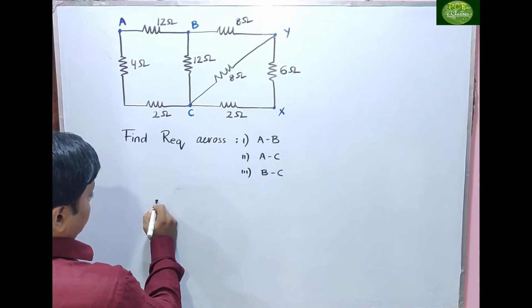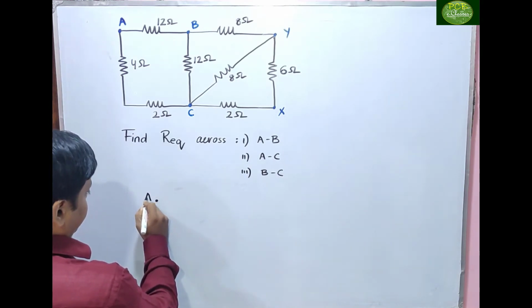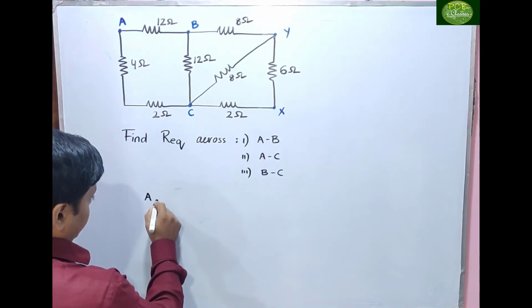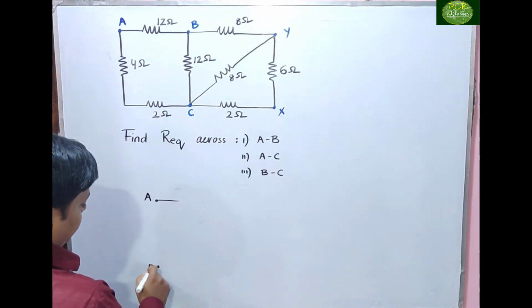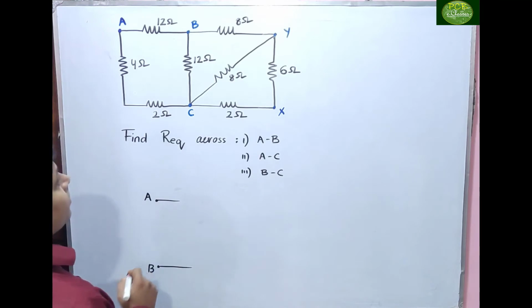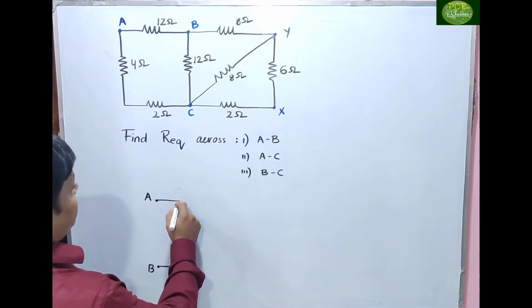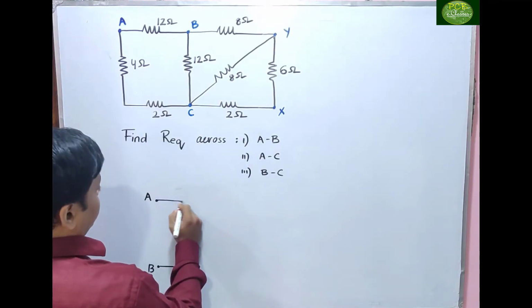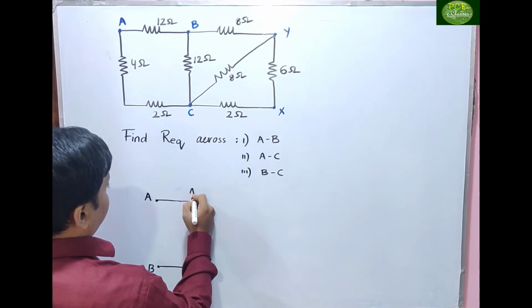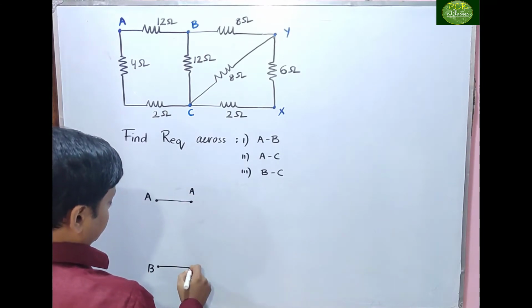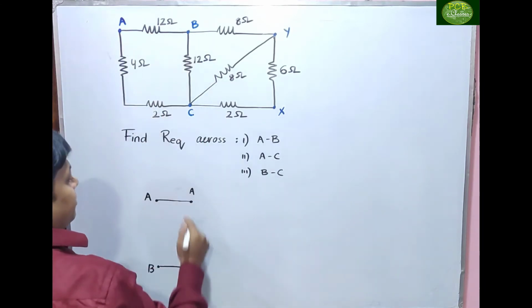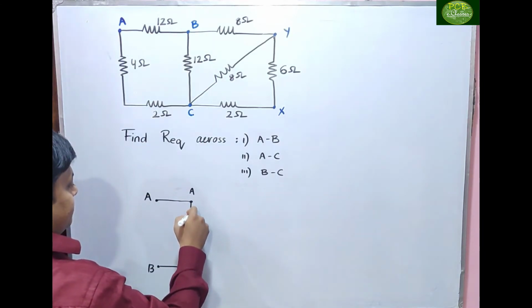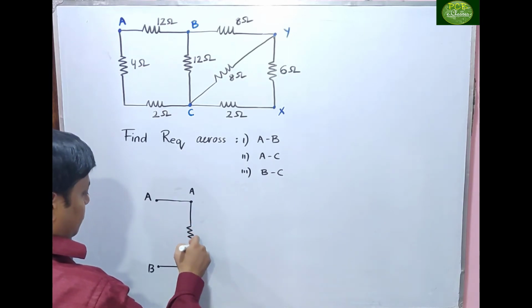Let us take this point as A and this point as B. Within A to B, what is present here? 12 ohm.